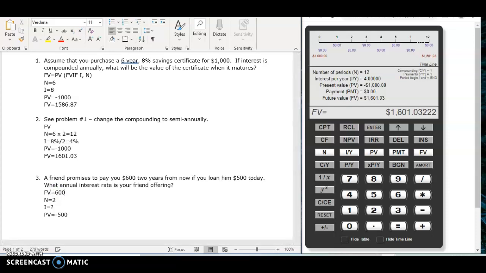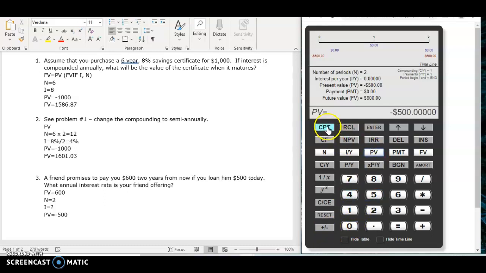equals 600. So now we're going to go over here, we're going to hit reset. We're going to enter in 600 future value, 2 N. We don't know I, so we can't enter it in. We're going to enter in 500 for present value, which means we have to enter a negative.